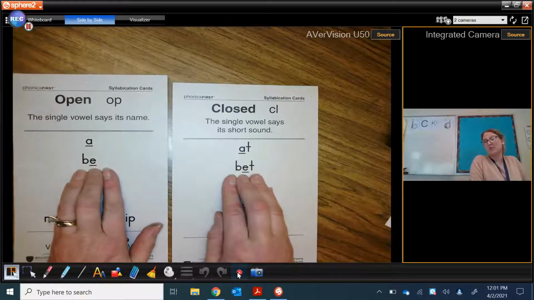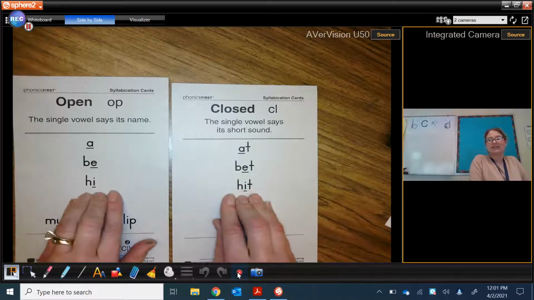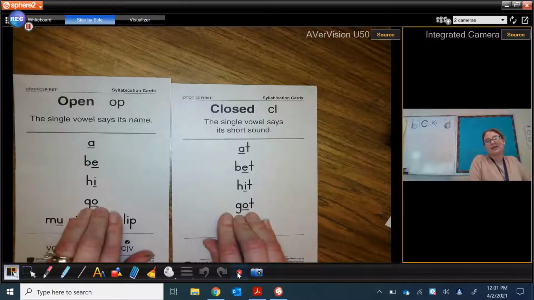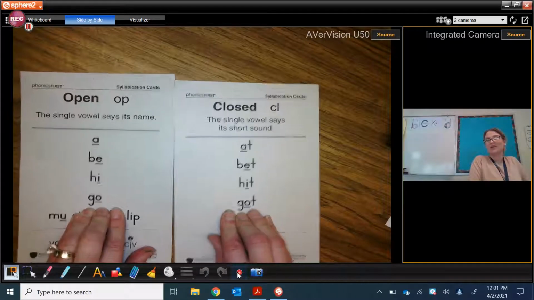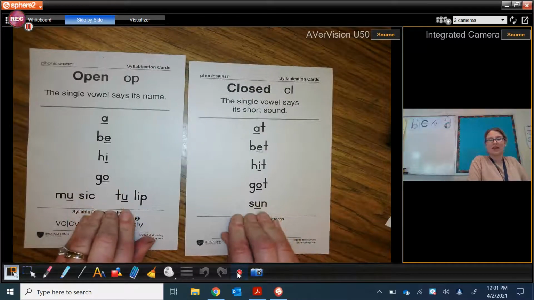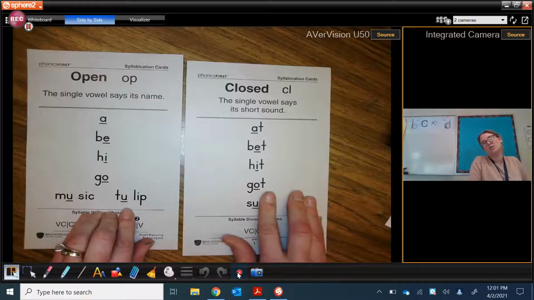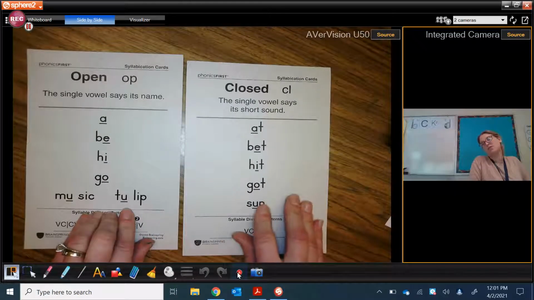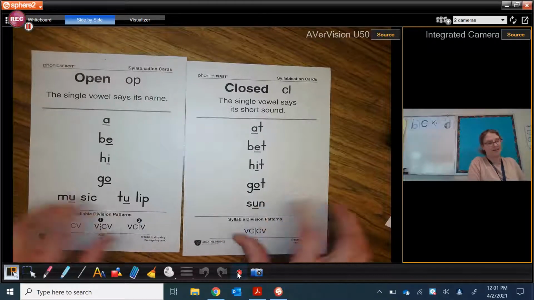And if I have B, but consonant T comes along, now it becomes bet. And if I have hi and consonant T comes along, it becomes hit. If I have go and a consonant comes, then it makes got. And if I have the U, instead of that saying Sue, the N makes it say sun.